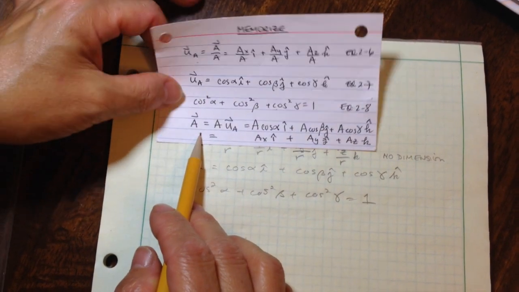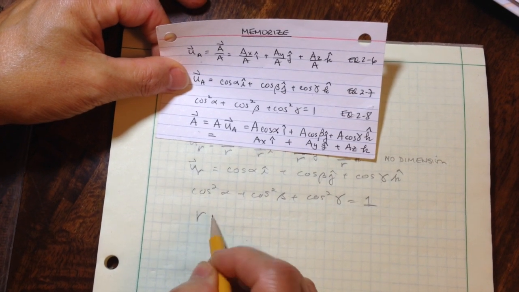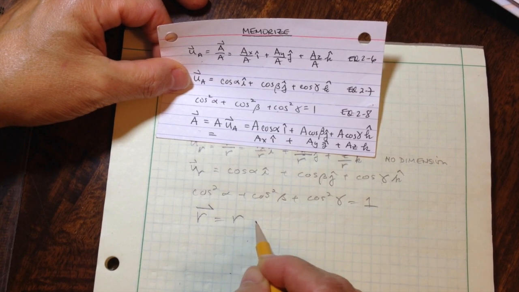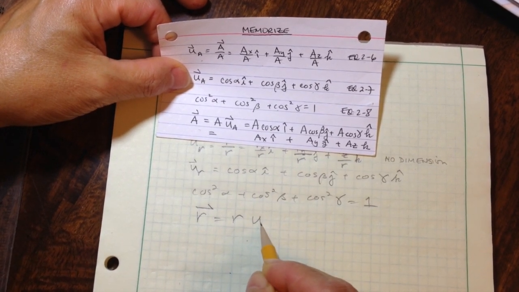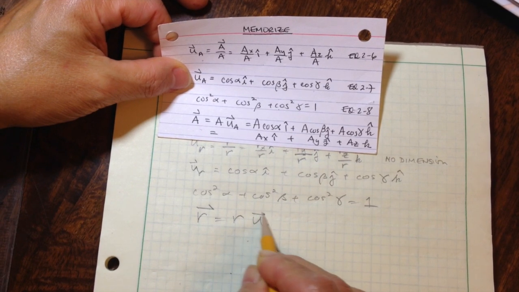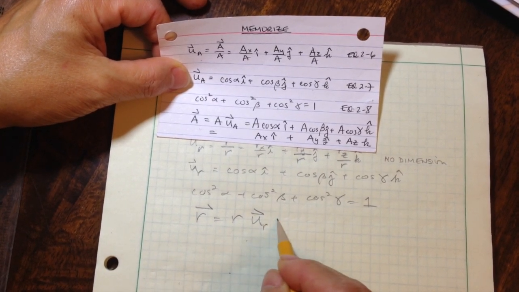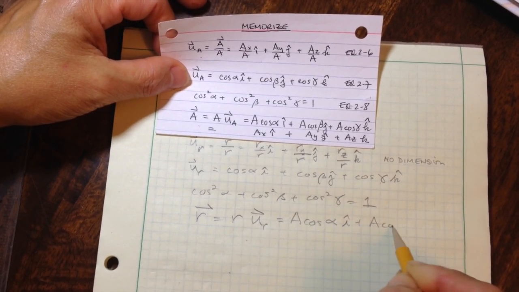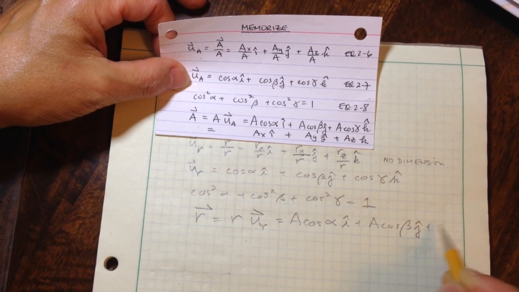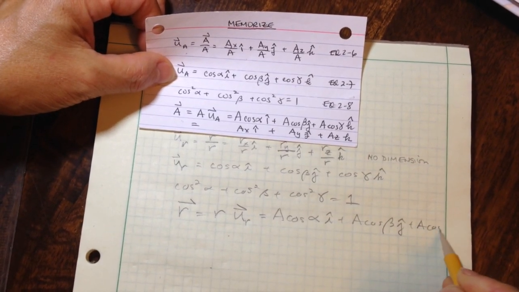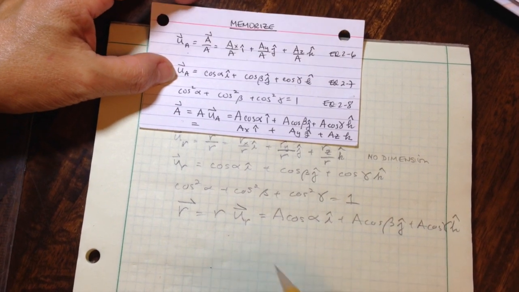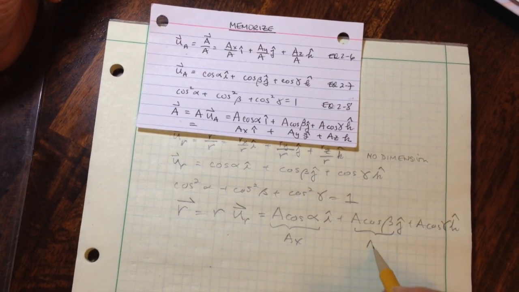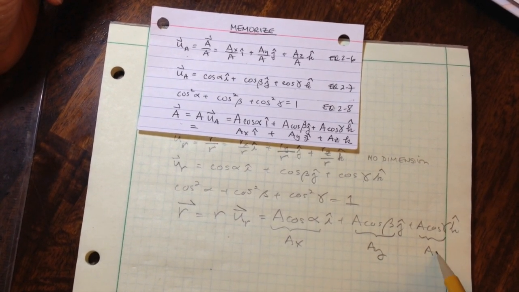What this equation says is that if I have a position vector and I know the magnitude of that position vector and I multiply it by the unit vector along that position vector, it would equal A cos alpha I plus A cos beta J plus A cos gamma K, which means this is my A_x component, this is my A_y component, and this is my A_z component.